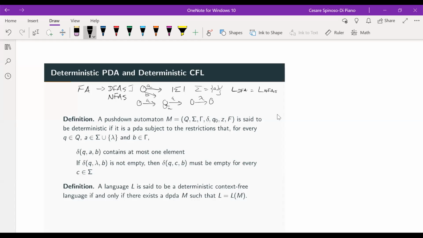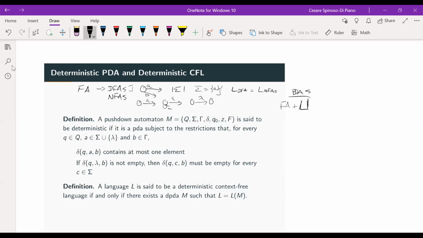So now we go one level higher in computational power, where we have PDAs. So remember, this is kind of a refresher, but what's a PDA? It's almost the same as an FA, except that you could say it's kind of like an FA plus a stack, right?